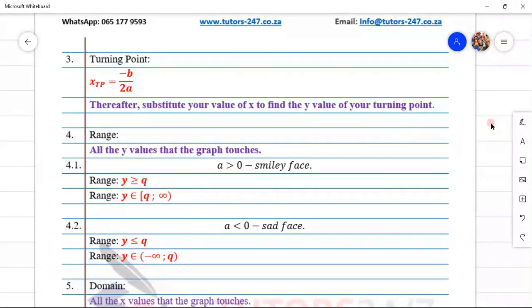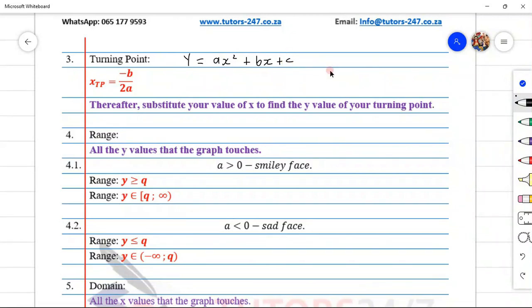So how we find the x value of our turning point is by using the formula x equals negative b over 2a, whereby a and b come from our standard form, and this is our a, this is our b.